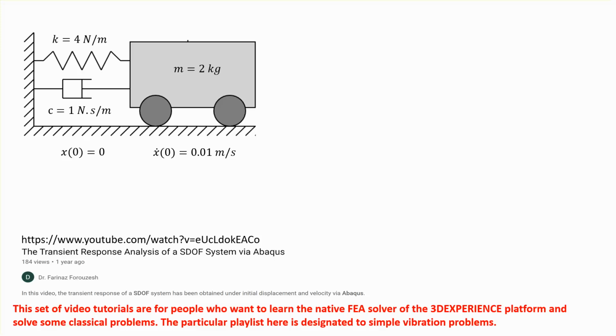Keep in mind that 3D Experience's platform, its structural FEA solver, is actually the Abaqus program, with not all features being either implemented or maybe available in the software. Most are, but not everything. And as you'll see today.